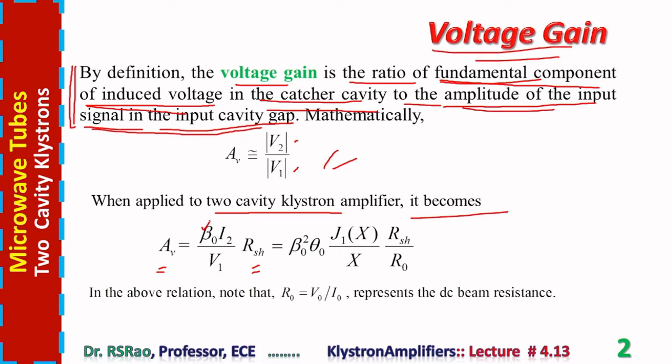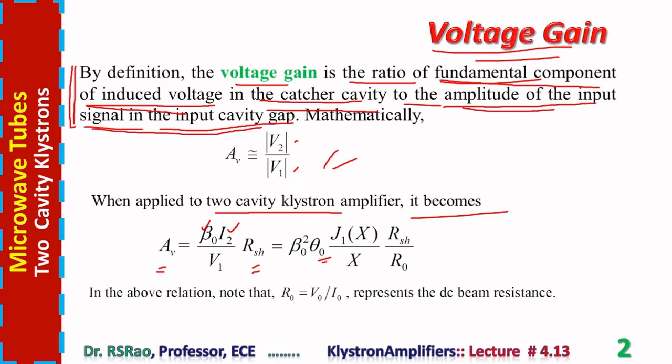Beam coupling quotient of the catcher cavity. I2 is the amplitude of the fundamental component of the beam current at the catcher cavity. V1 is the amplitude of the input voltage. R shunt, RSH, is the equivalent resistance of the output cavity.